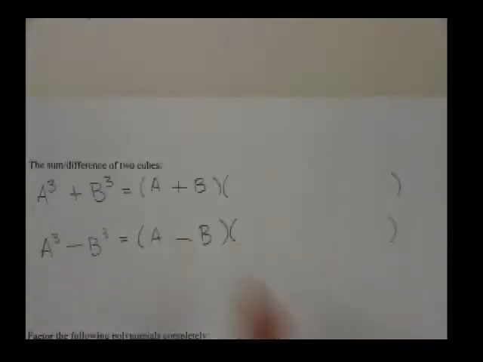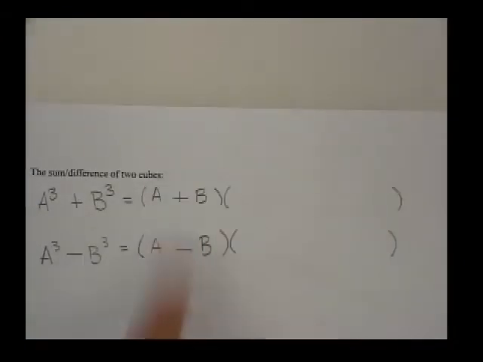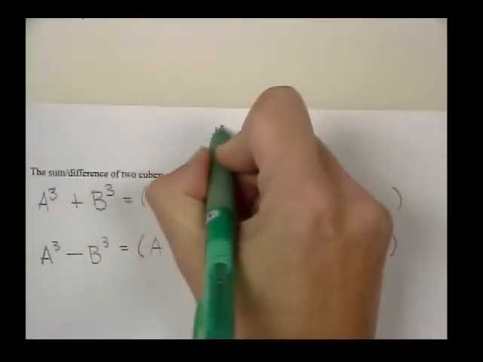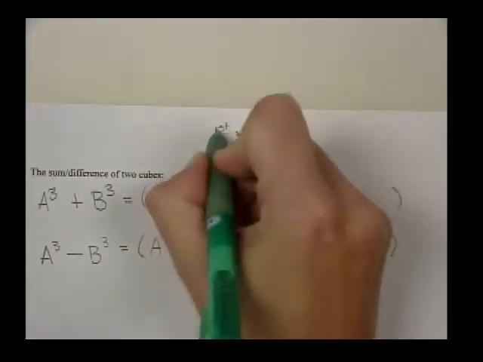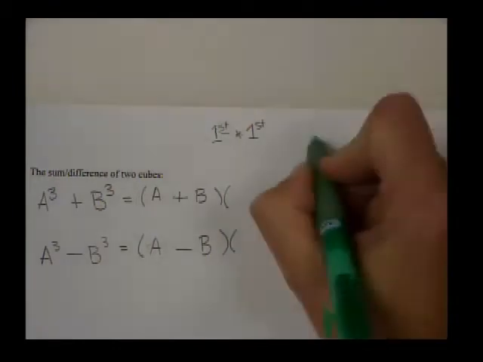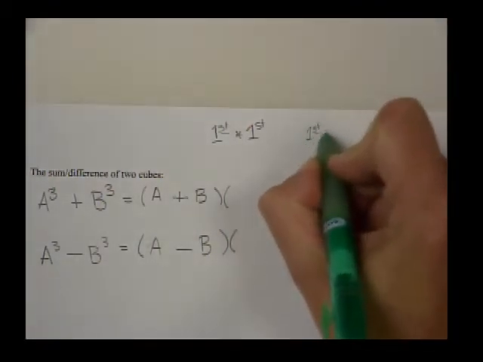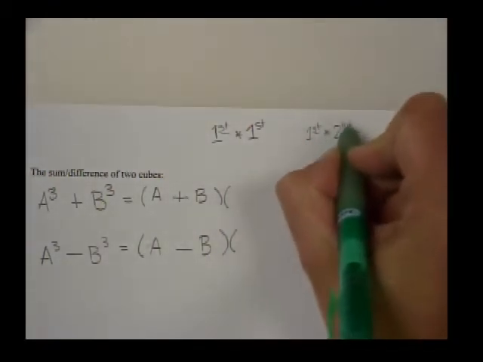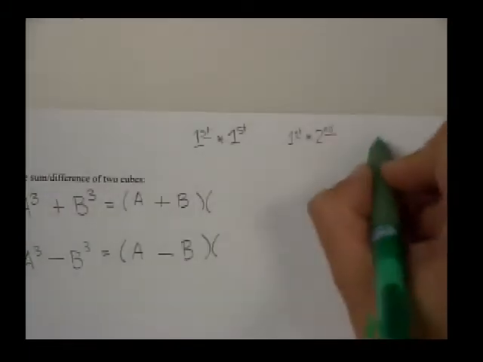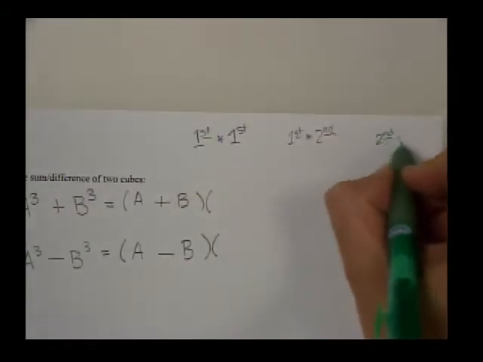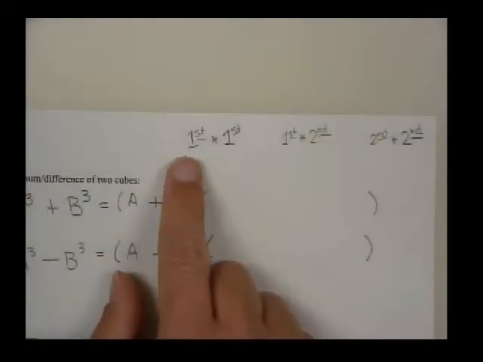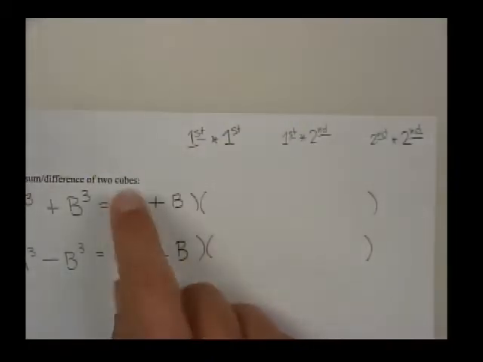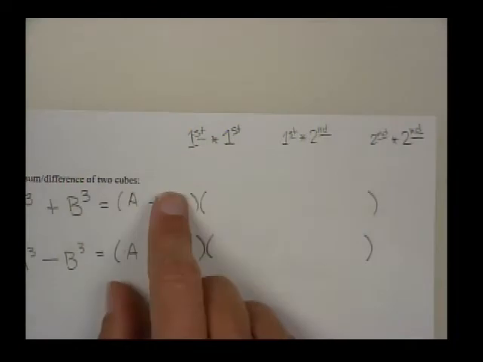And so the second set of parentheses, whether it's sum or difference of cubes, it's always first times first, and then first times second, and then second times second. Okay, so you kind of make all possible pairs. First times first, first times second, second times second.